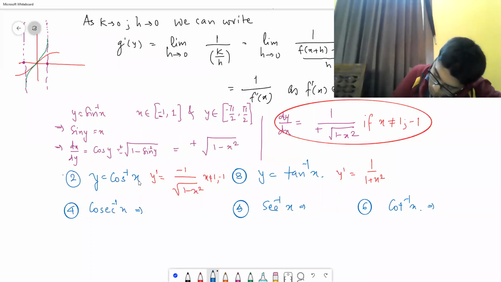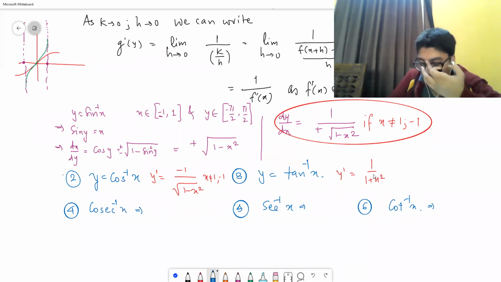Okay, derivative of cos inverse x is minus 1 upon radical 1 minus x square, x not equal to 1, minus 1. Derivative of tan inverse x becomes 1 upon 1 plus x square. No restriction. Find the derivative of cosec inverse x, sec inverse x, and cot inverse x.